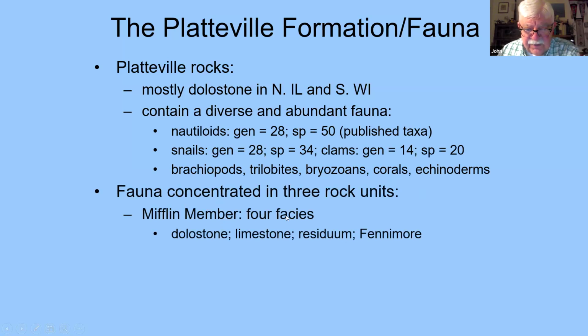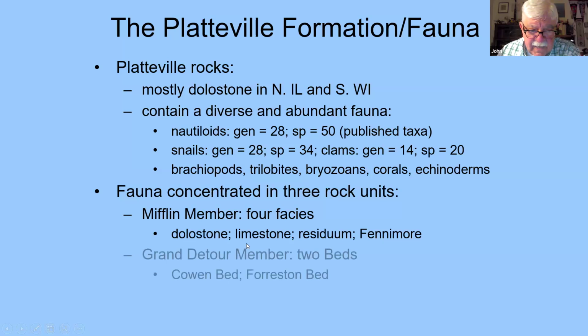The Mifflin member has 4 facies: dolostone, which is the most friendly to mollusk fossils, limestone, the residuum from Dixon, and near Fenimore, Wisconsin. The Grand Detour member has 2 beds, Cowan, and Forreston, which is, as you'll see, unbelievably fossiliferous.